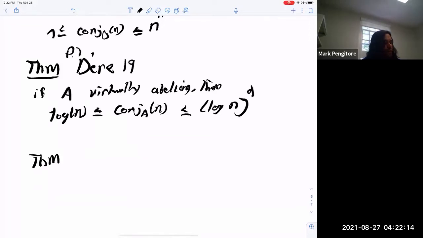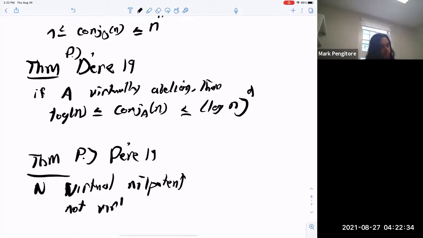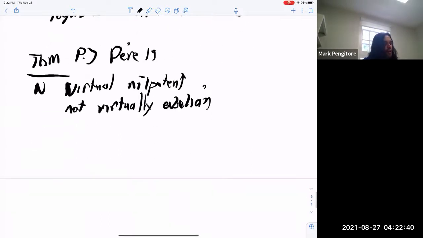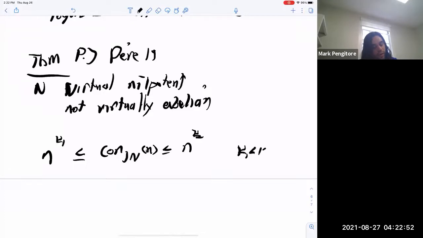And in the same paper, we show that if N is virtually nilpotent, not virtually abelian, then we have that n to the k1 grows slower than conj of N, and this grows slower than n to the k2, where k1 is less than k2, and these are natural numbers.